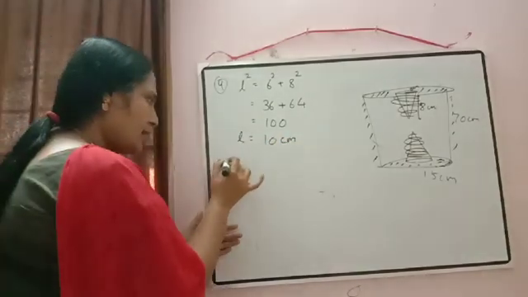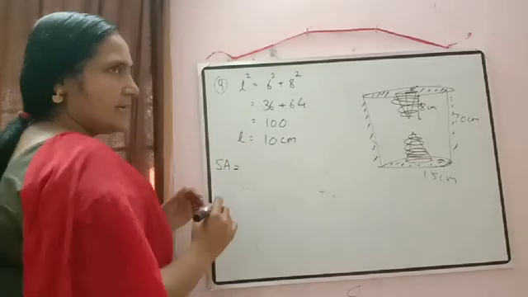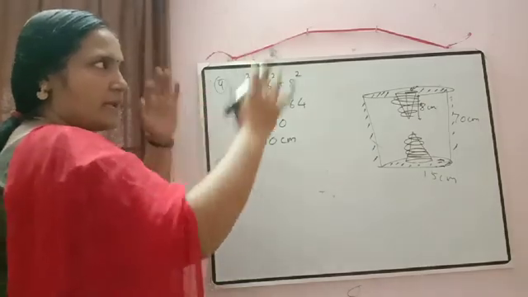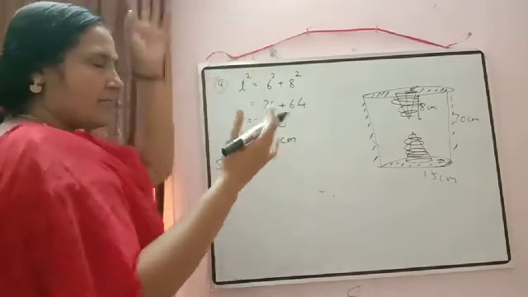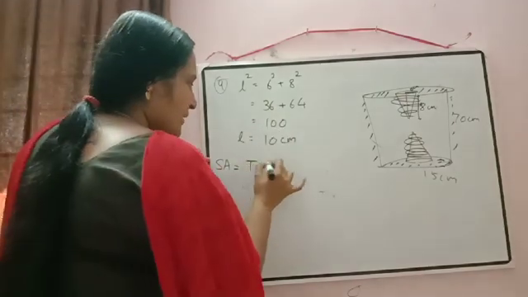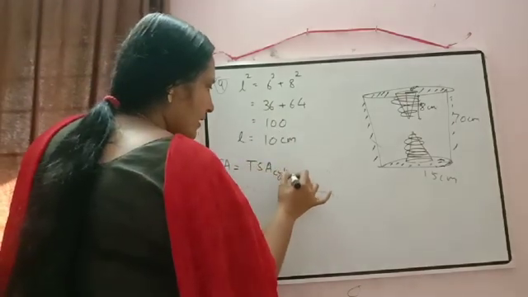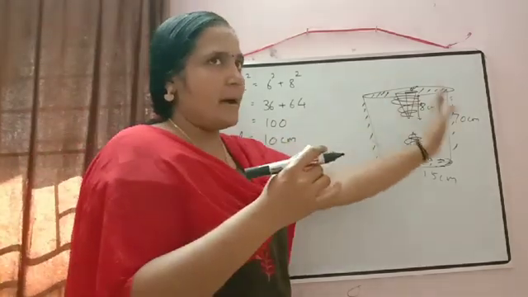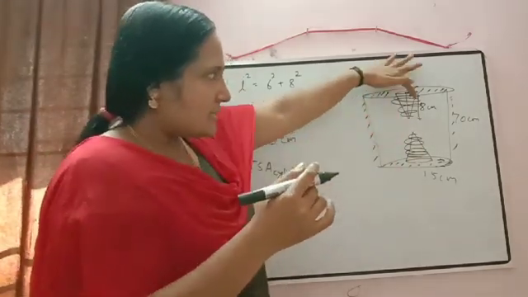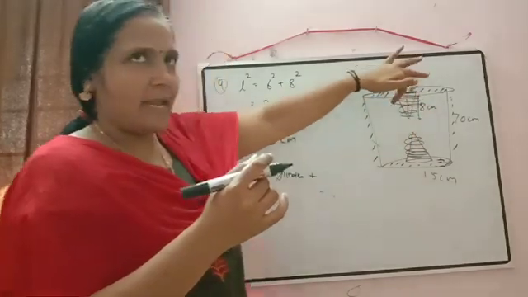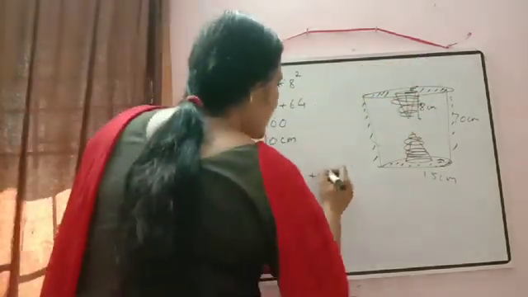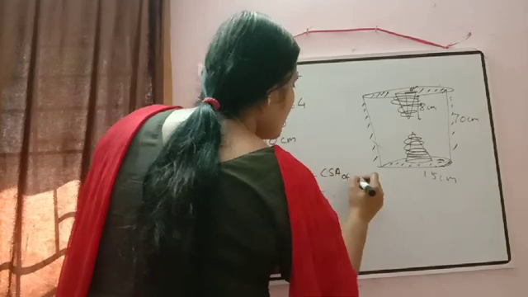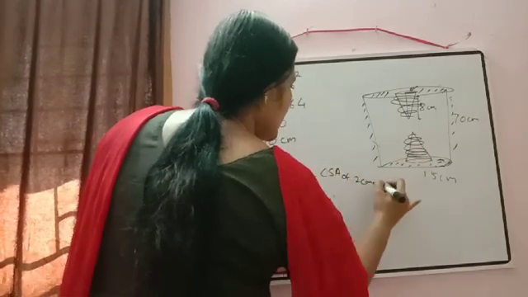Now we are going to write the surface area is equal to, first, the total surface area of the cylinder, plus the area we also have to paint, that is the curved surface area of two cones, because two cones are there.